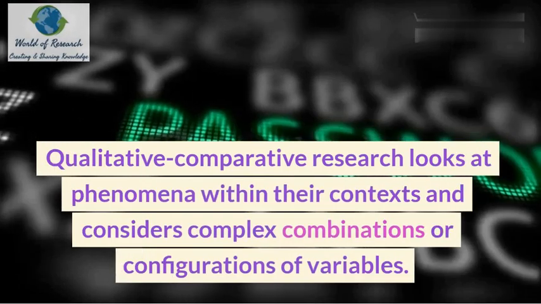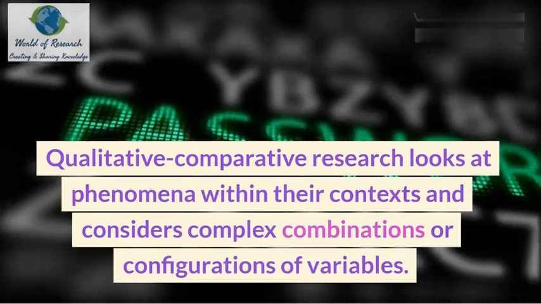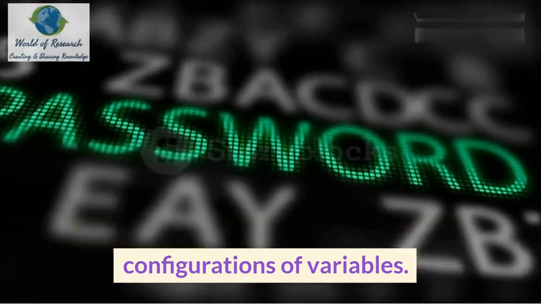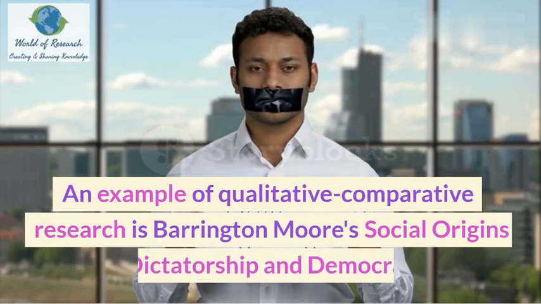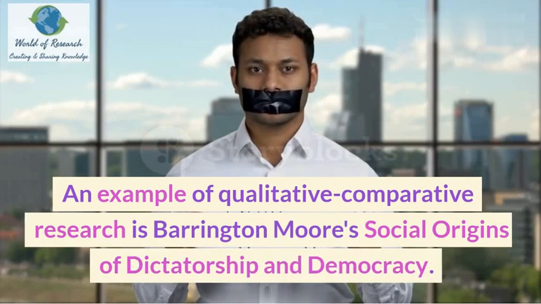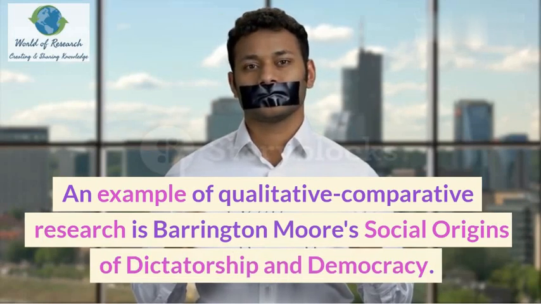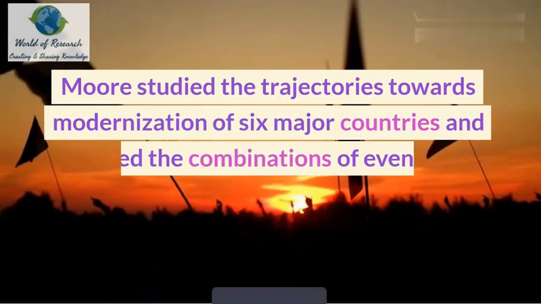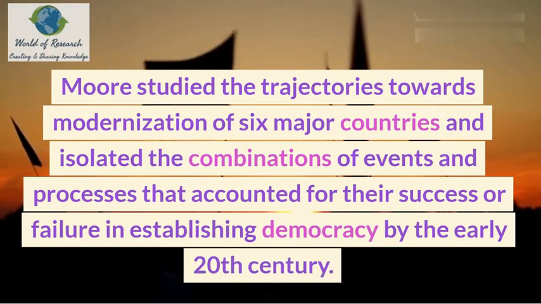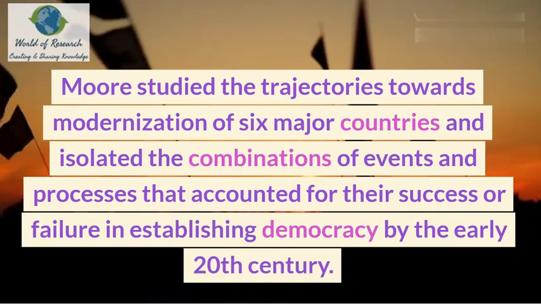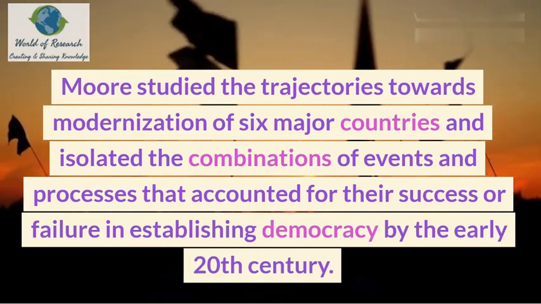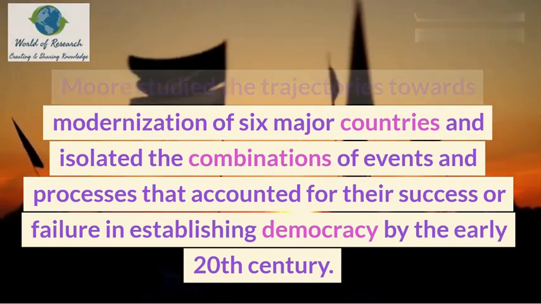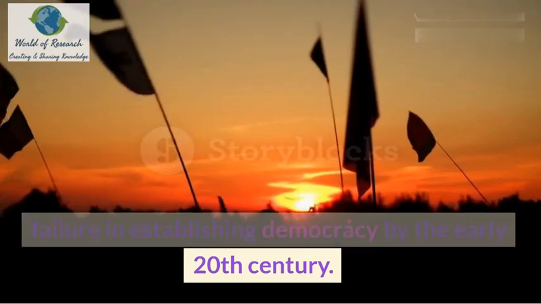Qualitative comparative research looks at phenomena within their context and considers complex combinations or configurations of variables. An example of qualitative comparative research is Moore's Social Origins of Dictatorship and Democracy. Moore studied the trajectories towards modernization of six major countries and isolated the combinations of events and processes that accounted for their success or failure in establishing democracy by the early 20th century.